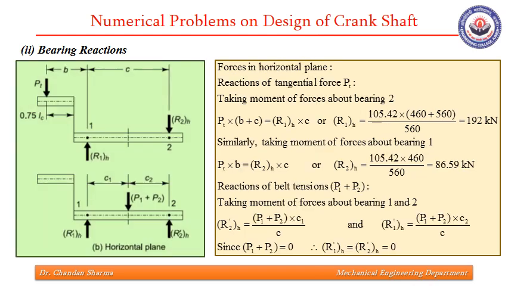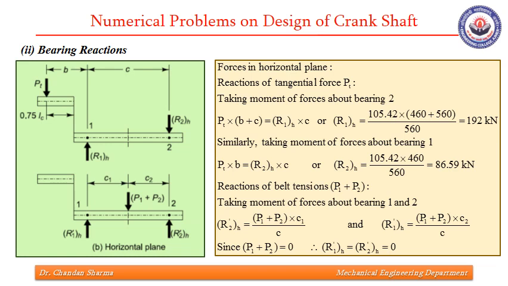The horizontal loading diagram. Here, P1 plus P2, which is the sum of belt tensions, is not given. So we'll assume this value as 0. So we'll be having reactions in the horizontal plane due to this PT force as R1H and R2H, but R1H dash and R2H dash will be equal to 0 since P1 plus P2 equals 0.